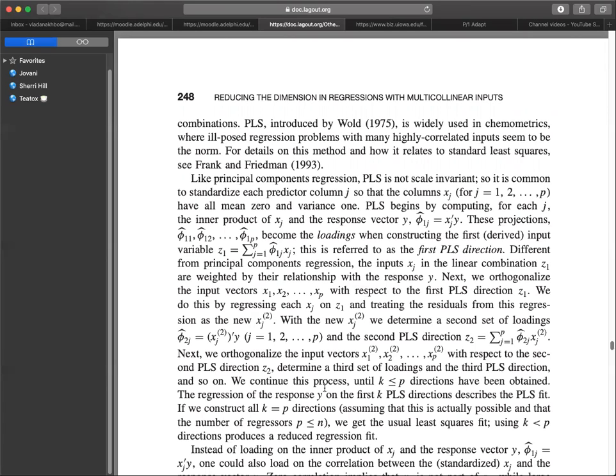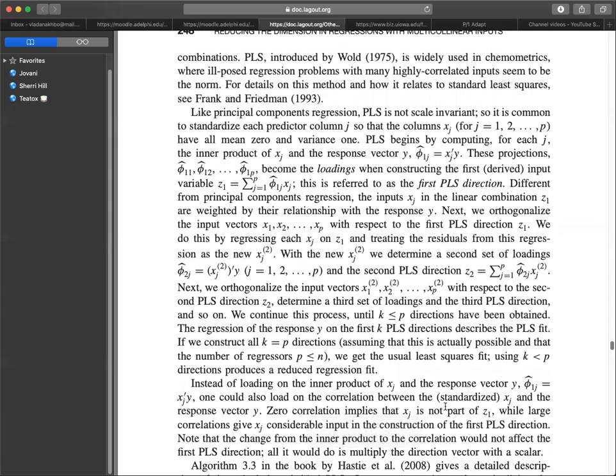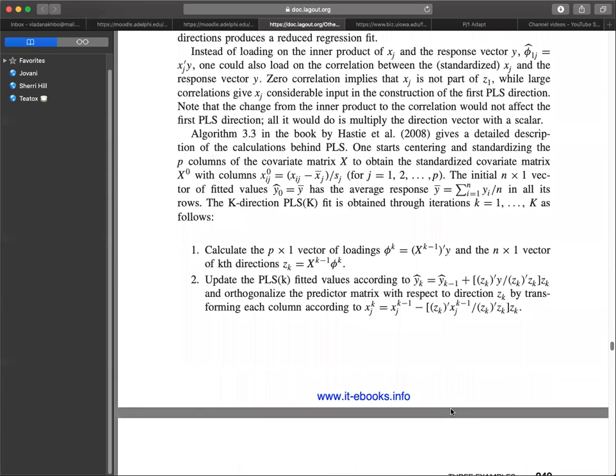PLS begins by computing for each j the inner product of Xj and the response vector Y, which is theta-hat 1j equals Xj prime Y. These projections, theta 1 through theta 1p, become the loadings when constructing the first derived input variable Z1, which equals the sum over j equals 1 to p of theta 1j Xj. This is referred to as the first PLS direction.